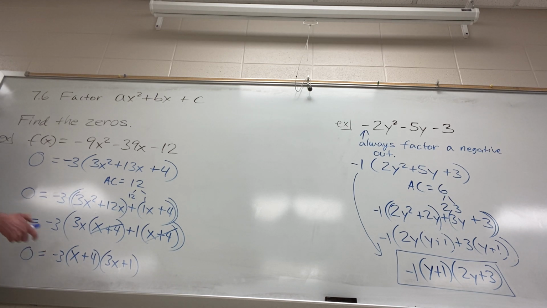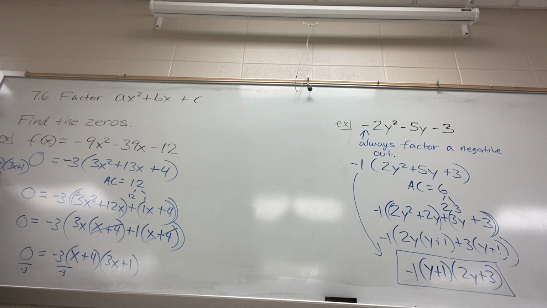Another way is to divide both sides by -3, and then you're just left with x plus 4 and 3x plus 1. Can you divide by any number? Yeah, as long as you do it on both sides. Either way, that -3 is not going to get you an answer. It's either going to give you a bogus relationship or it's just going to go away. Any way you want to handle it is fine.